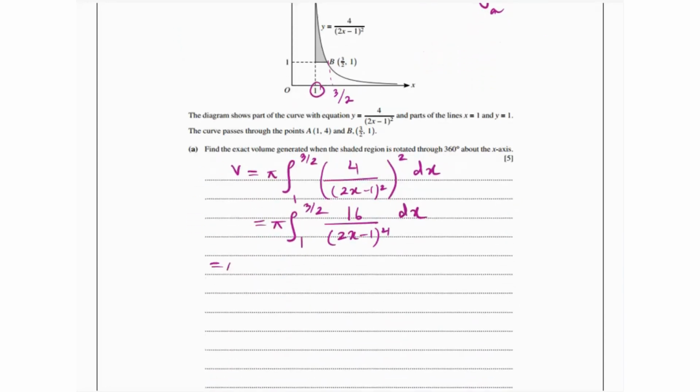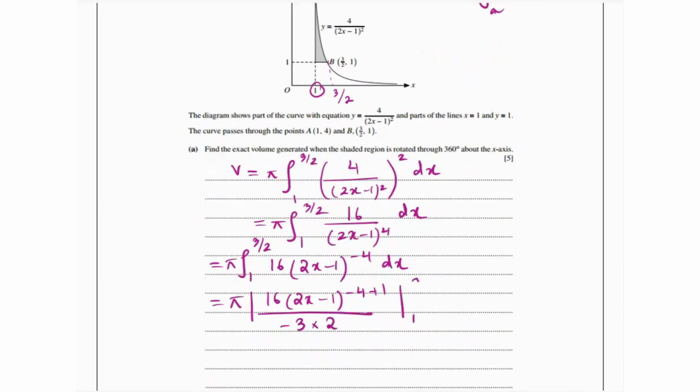Bring the power to the numerator. It becomes negative 4. Now we integrate it. So 16 times (2x minus 1) whole power negative 4 plus 1, divided by negative 3 times 2, from 1 to 3 over 2.